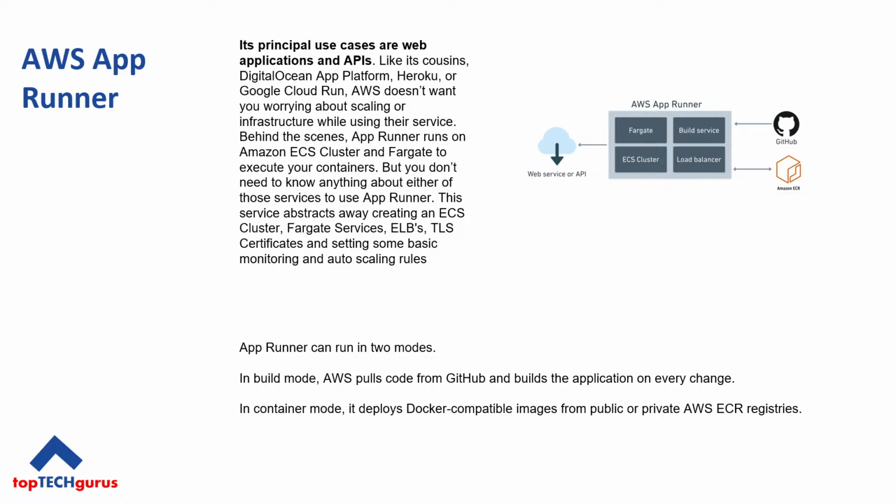These have been providers who have provided a service where you can directly implement your web service without really worrying about what kind of server do I need, what kind of RAM do I need, do I need to auto scale this, do I need different availability zones. You don't have to think about all that. These platforms were already providing it. So AWS has had App Runner since 2019, and they've been providing this service, which is similar to what DigitalOcean or Heroku or Google Cloud Run does.